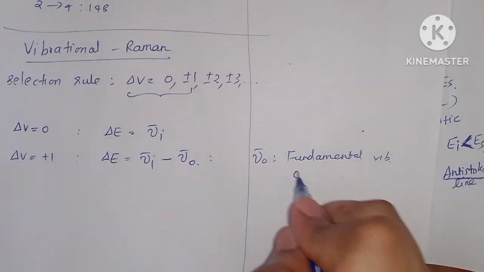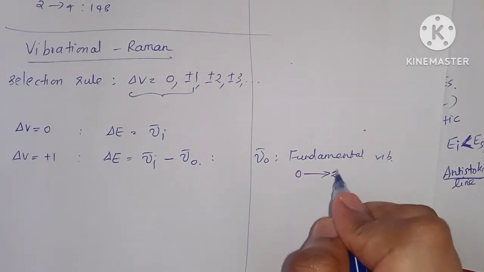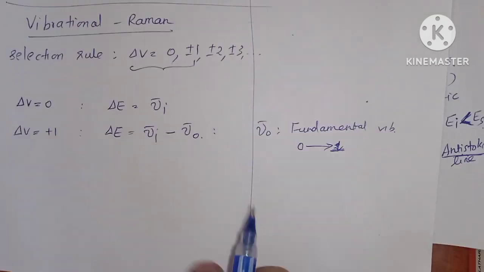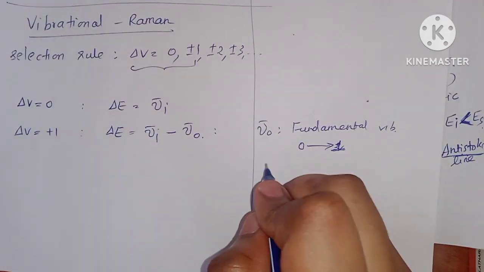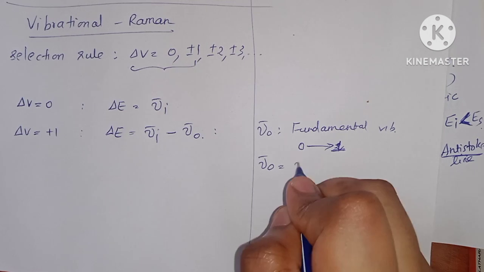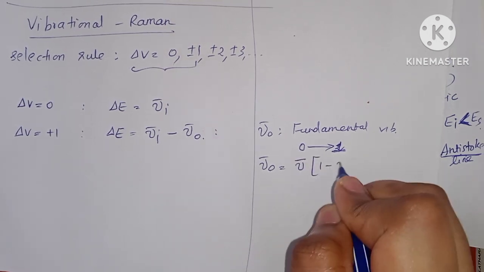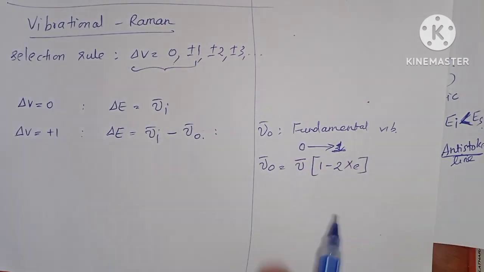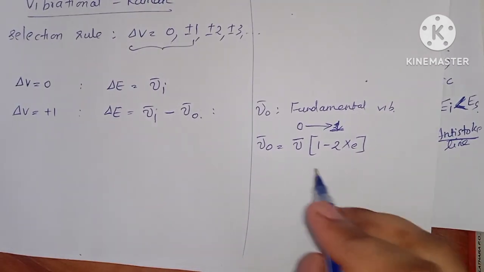Fundamental vibration means the very fundamental 0 to 1 transition. And we also know that mu bar 0 is equal to mu bar into 1 minus 2xe. This we have covered in the chapter on vibrational spectroscopy.